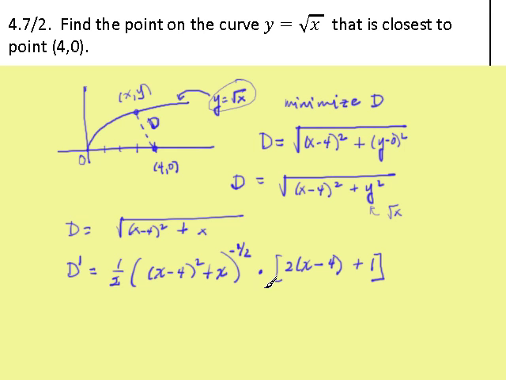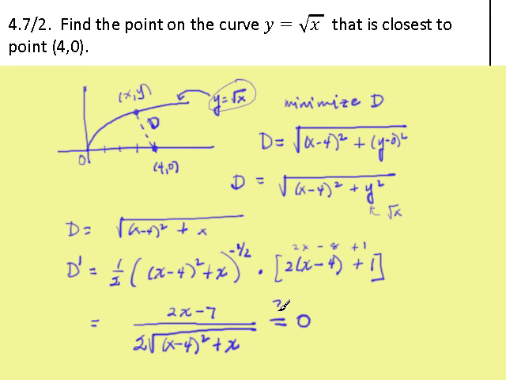All right, so let's write this as a quotient. So in the denominator, we have 2 times the square root of x minus 4 squared plus x. In the numerator, let's just multiply this out. This is 2x minus 8 plus 1. That's 2x minus 7. And we're minimizing, so where is this equal to 0?